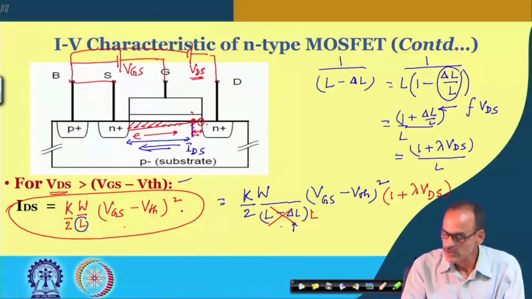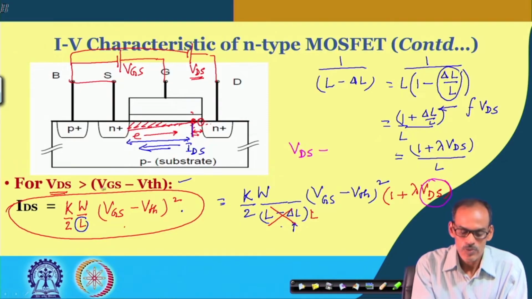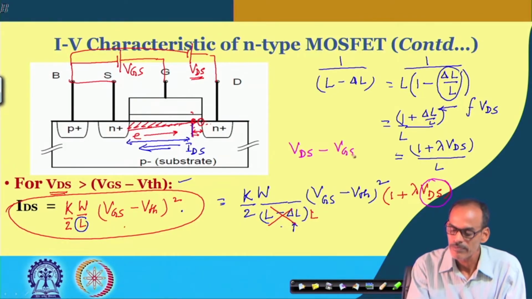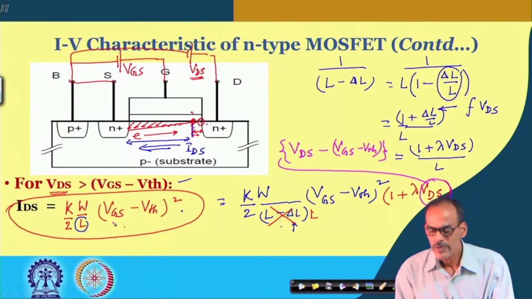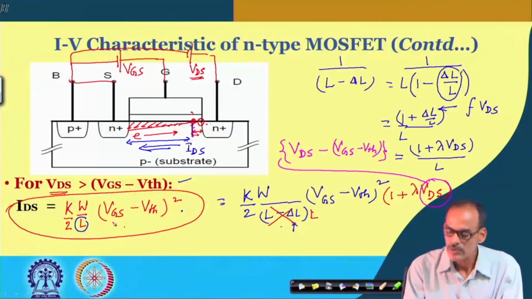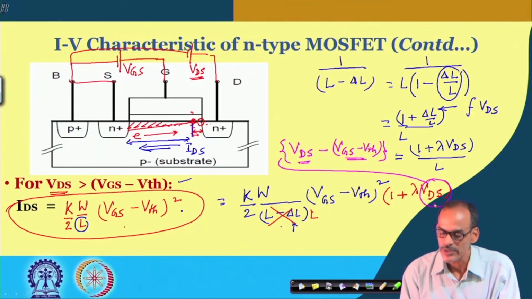If you carefully look into the equation, instead of writing this VDS, I should have written VDS minus whatever the limiting value, and then only will we have continuity of the equation from the previous region to this region. However, most of the time we consider that this part may be small compared to VDS, so we approximate this whole thing by lambda into VDS.